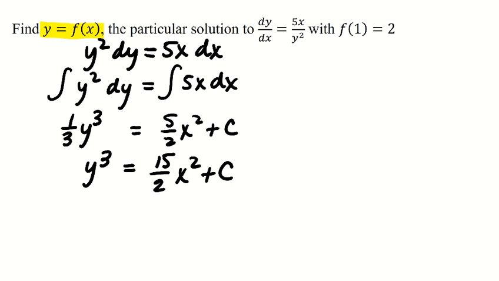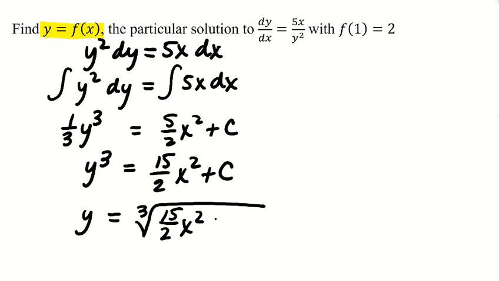And then to solve for y, y is going to equal the third root of 15/2 x squared plus c. And then now to get the value of c, I'm going to plug in y equals 2 and x equals 1. So 2 equals the third root, well, it's going to need to be equal to the third root of 8.